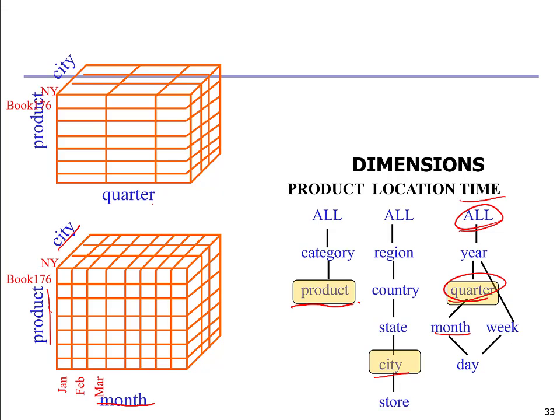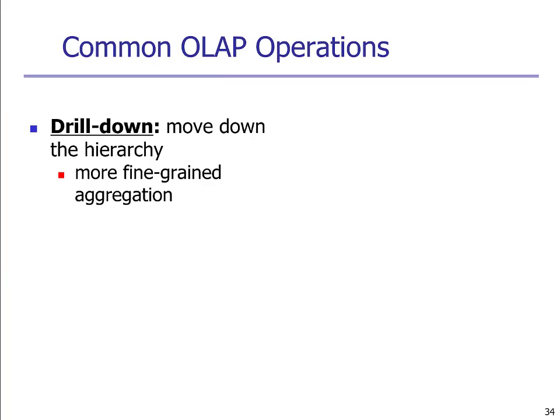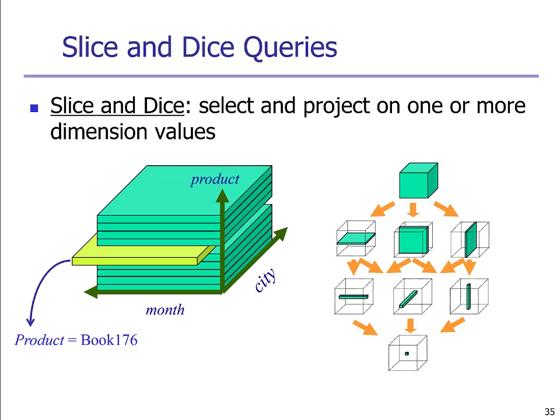We will have a 2D data cube, and then if we do the drill down operation, we can actually add time back to the data cube and have a 3-dimension data cube as a result. So this is drill down.